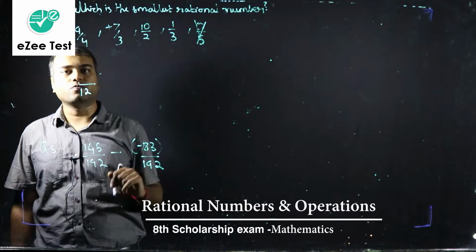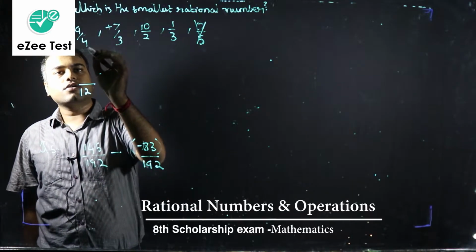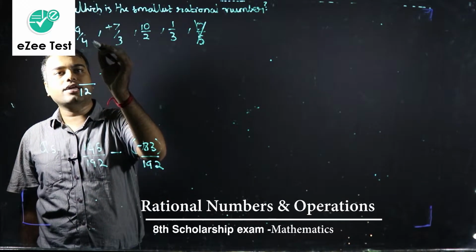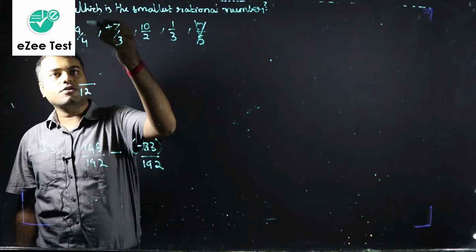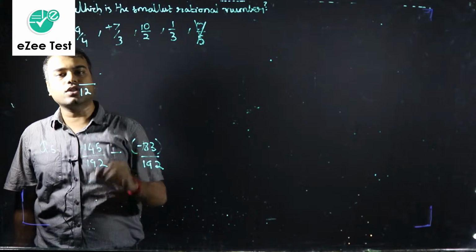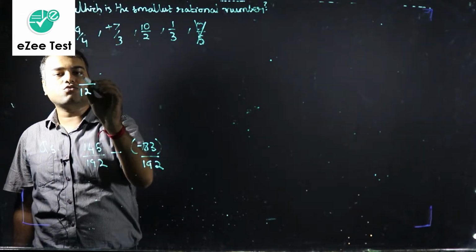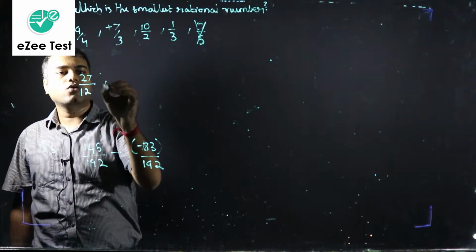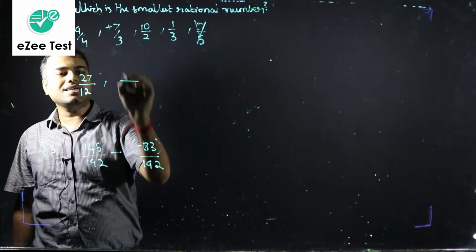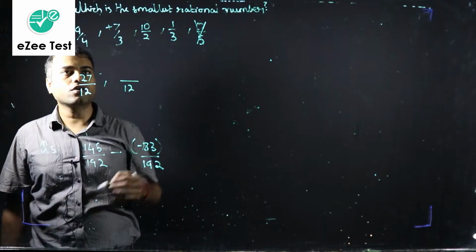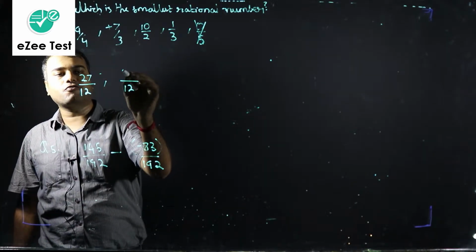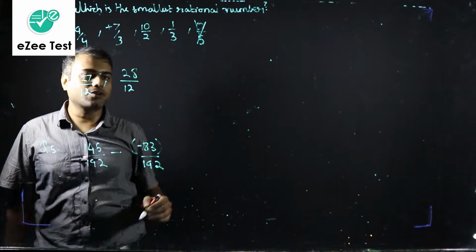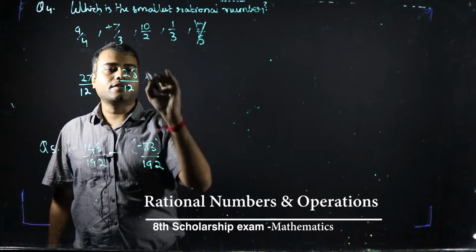Okay, so basically to make 4 as 12, we have to multiply it with 3. So we should multiply the numerator also with 3. So 9 into 3 is 27. Now to make 3 as 12, we are multiplying it by 4. So we should multiply the numerator as well with 4, so that the value of the fraction does not change, and 7 into 4 is 28.